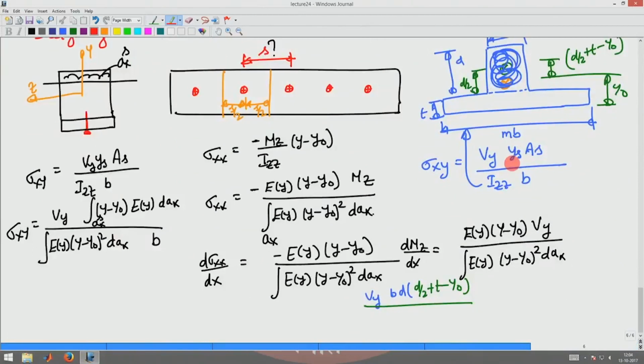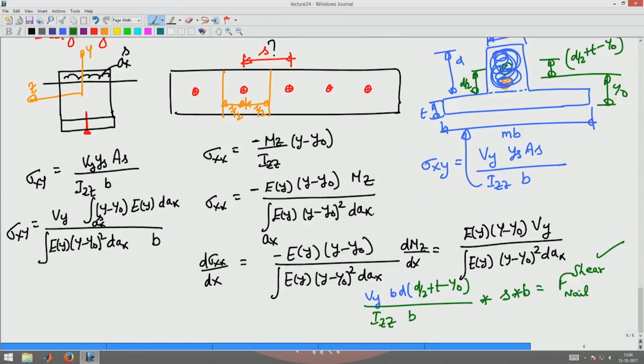So divided by Izz into B, I am looking at the wood interface, so I have to look at the shorter region, so it will be B, okay. This into S into B must be the shear force allowable in the nail. So once we know this, you can rearrange to find B, okay. That is how you solve this problem, okay.